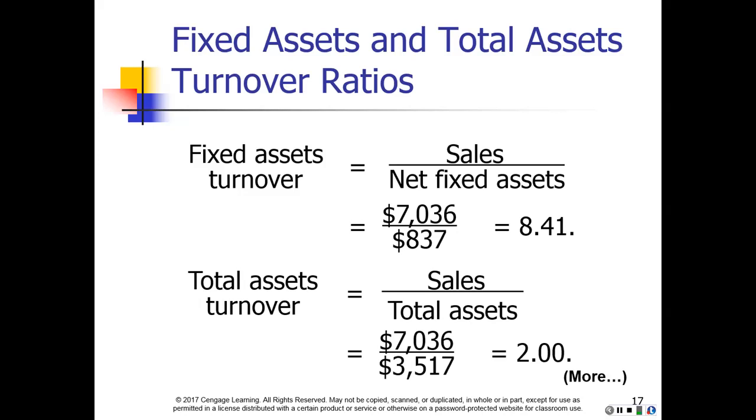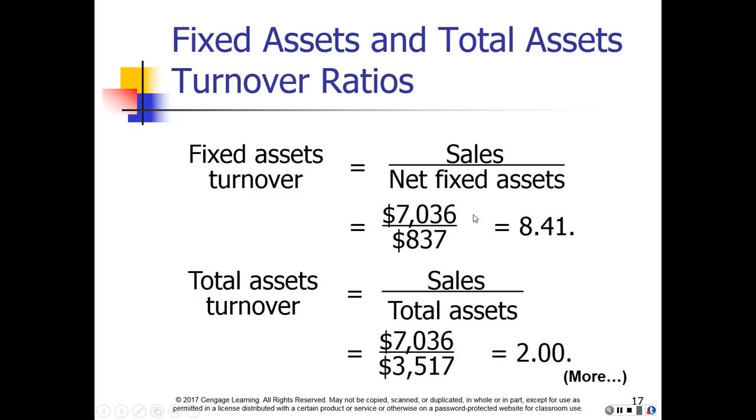We've already seen inventory turnover, but we also have fixed assets turnover and total assets turnover. For these turnovers, we don't use cost of goods sold, but rather sales. Sales divided by net fixed assets is the fixed assets turnover.